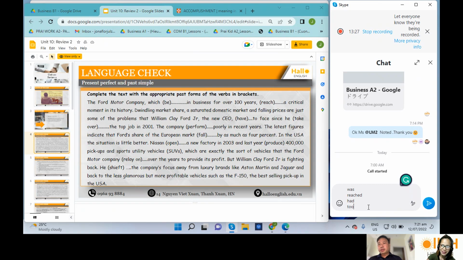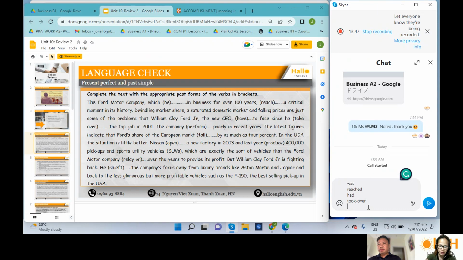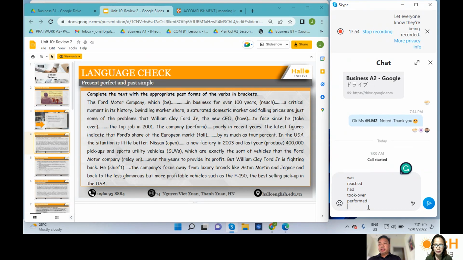Yes, took over the top lot in 2001. Okay, good. The company performed. Yes, again we will add -ed. Performed poorly in recent years.